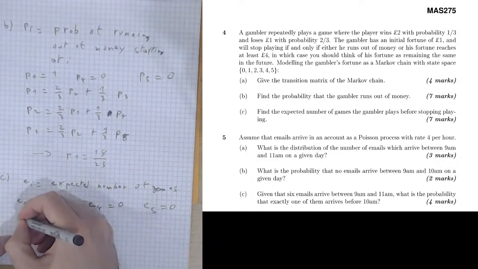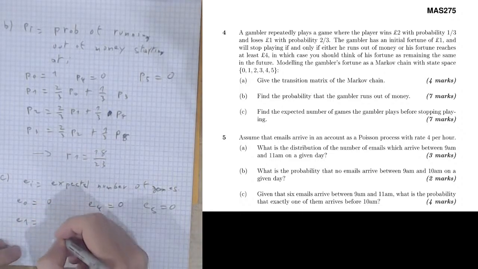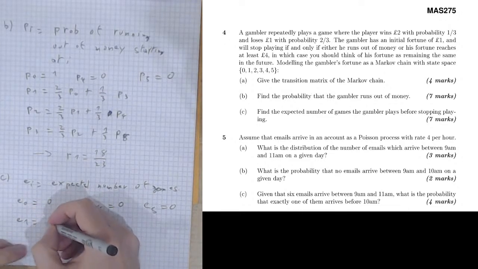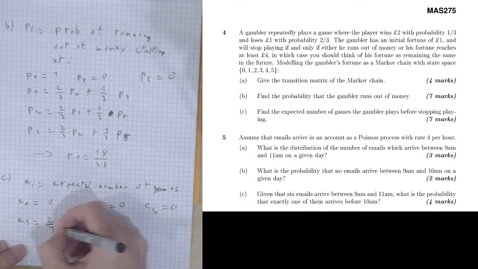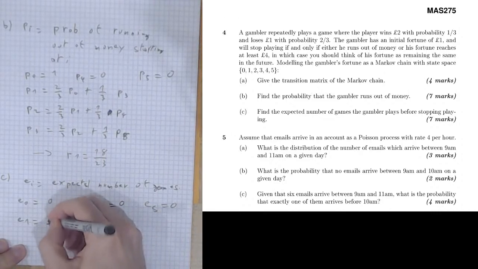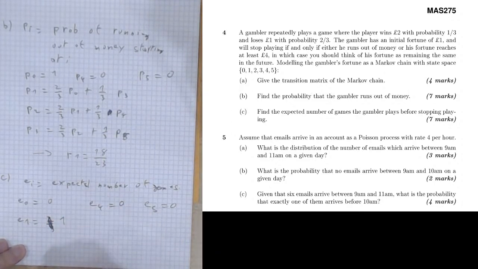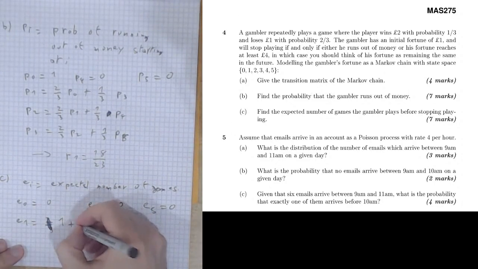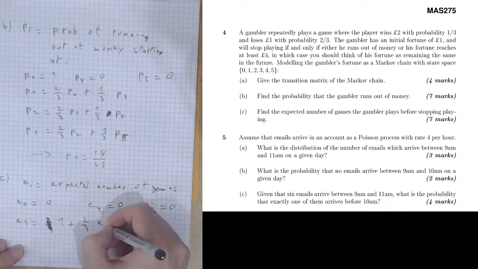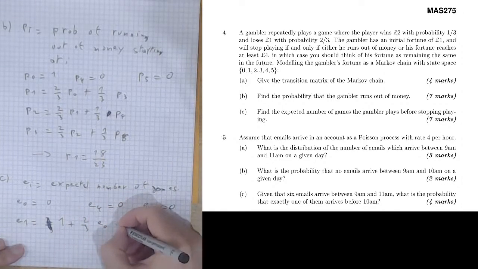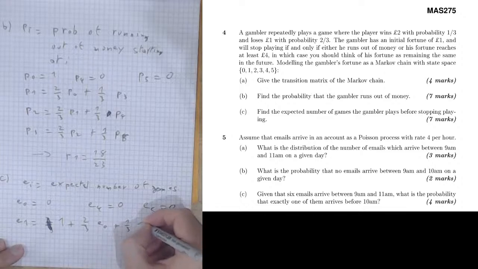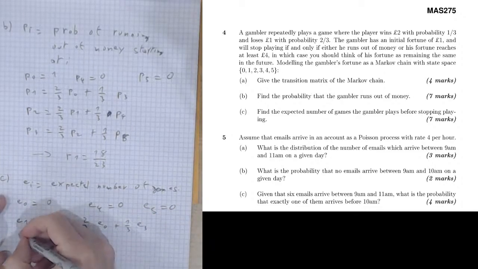And so E1 equals, well, okay, let's do it the way we usually do. You have to play one game, and then with probability 2/3 you reach 0, so you stop, and with probability 1/3 you reach 3, and you move on.